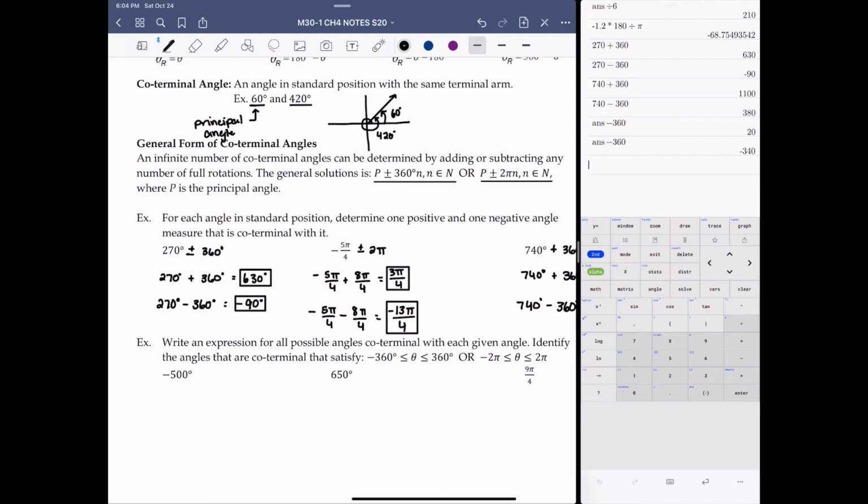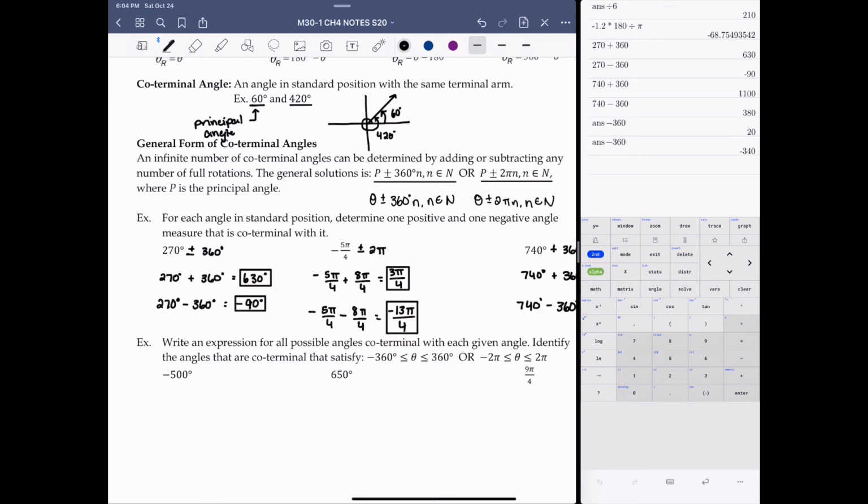This was for the principal angle. We can modify this for any angle by writing theta plus or minus 360 degrees n, where n is an element of N. Or for radians, theta plus or minus 2 pi n, where n is an element of N.